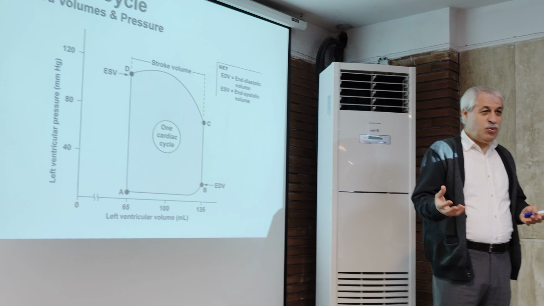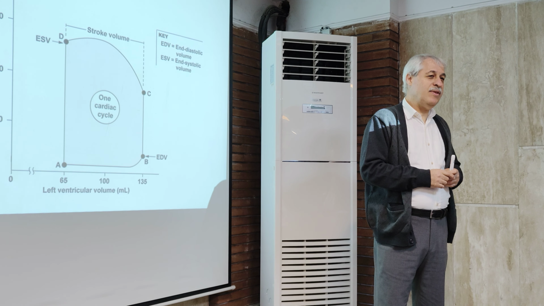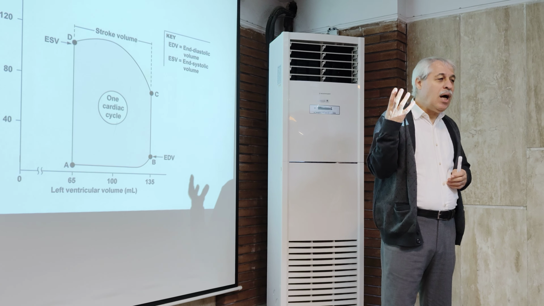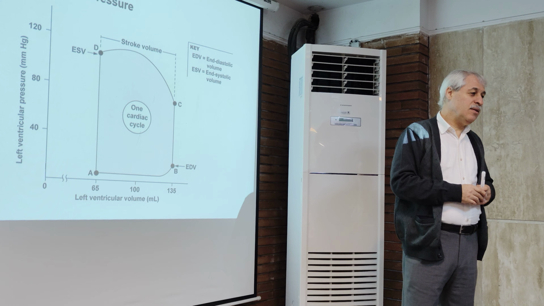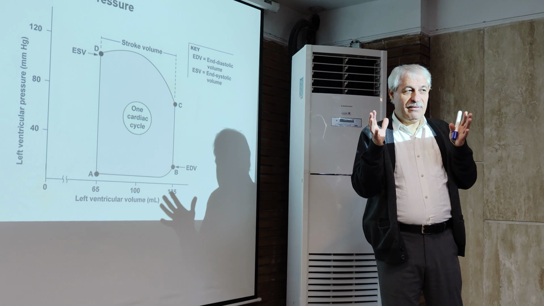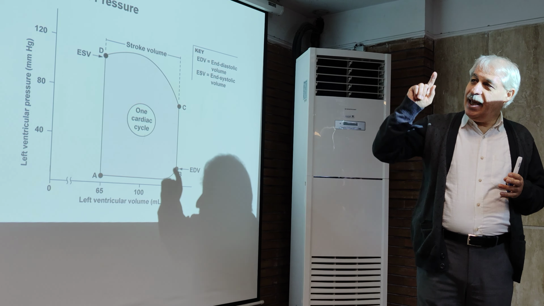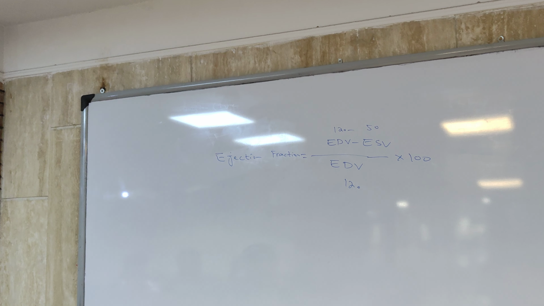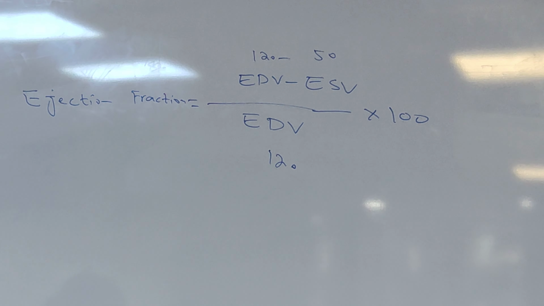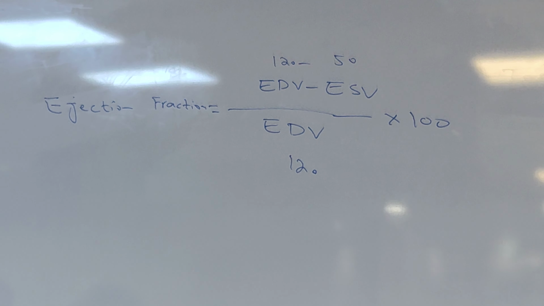There is a technique called echocardiography, using ultrasound to take this index, ejection fraction. Via echocardiography, you can calculate end diastolic volume and end systolic volume, and by using this fraction, you calculate the ejection fraction.